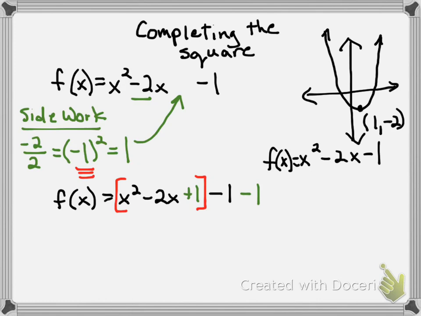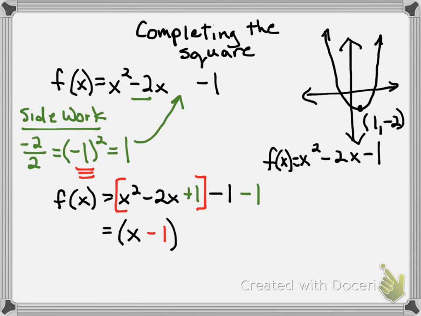And the reason why I underlined this -1 is because we have to rewrite this now, and you guys were pretty good at this, if you were going to factor this down. It's a perfect square trinomial, and the actual number that you write there is that number that you got when you divided the middle coefficient by 2.